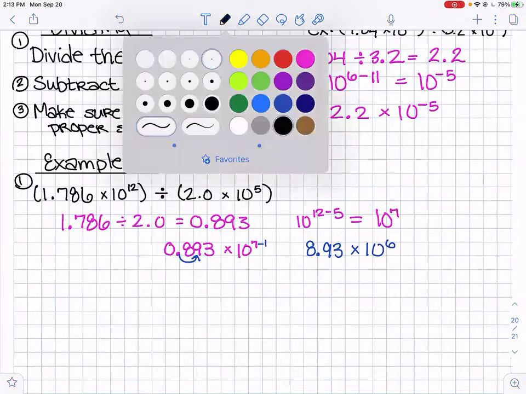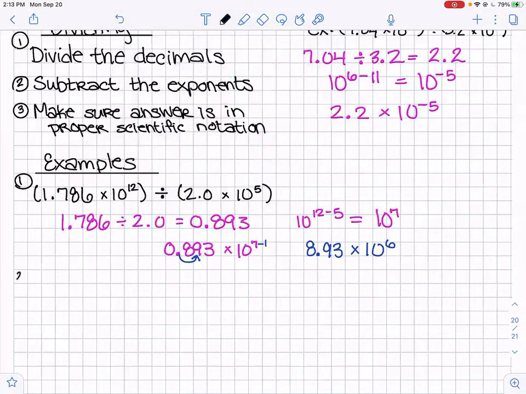Okay, let's try another one. 3.0 times 10 to the negative 2 divided by 8.0 times 10 to the negative 1. Try number 2.